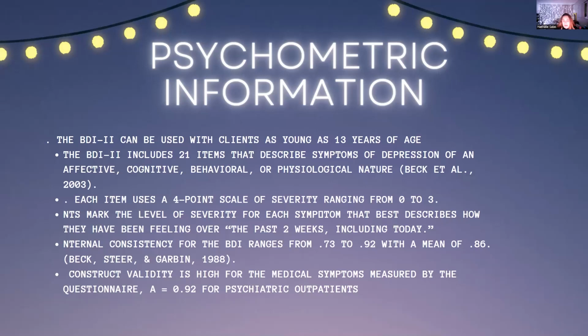Each question is on a 4-point severity scale, which goes from 0 to 3, 0 being the least, 3 being the most. Something that is important to note is that in our textbook, it says that the inventory is to be used in the time frame of the past 2 weeks, including the day that it is taken.